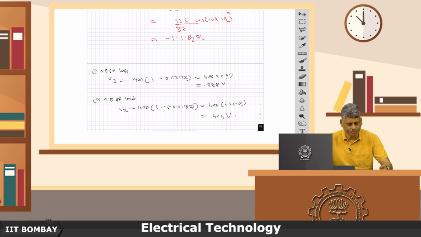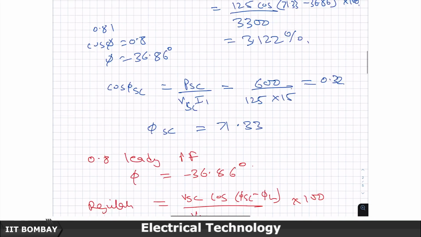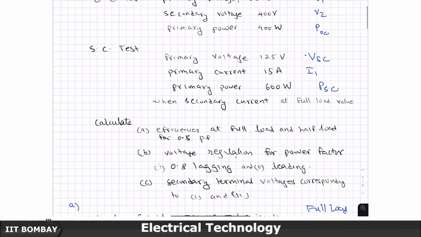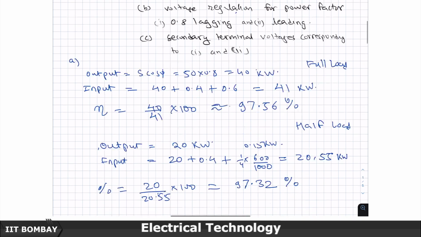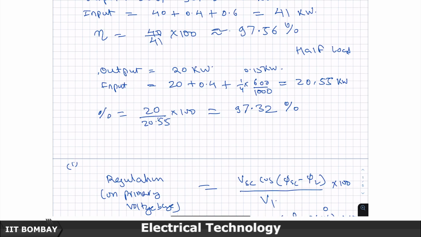So, we have solved one, we have seen how useful it is to conduct this open circuit and short circuit test, because we can make calculations from these test data at different loading conditions, different power factors.